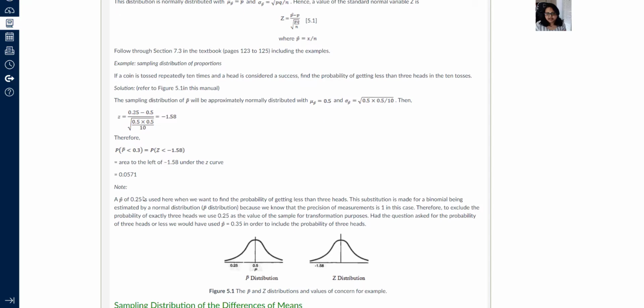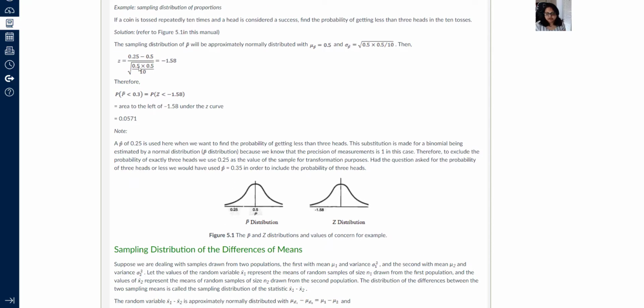Similarly, just like with the Z distribution, when you try to find the probability, we will do the same thing. So you can see that using the sample value, the population value, and the standard deviation we got from the data set, we found that the Z value is negative 1.58.